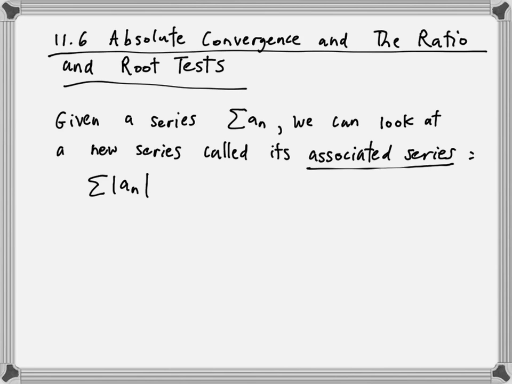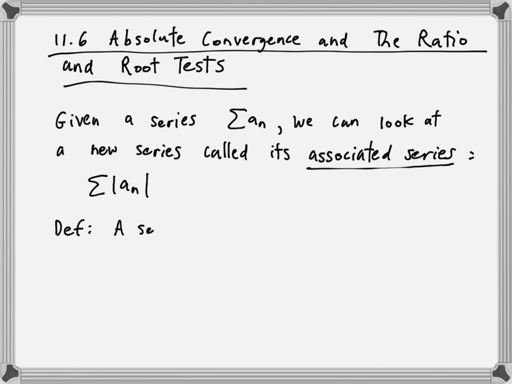We've seen something like this before when we look at absolute values in the divergence test, but we're going to be looking a little more deeply at this today. So definition. We have a special name for when this absolute value, this associated series, converges.